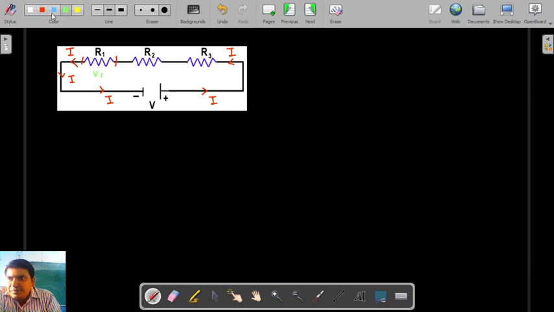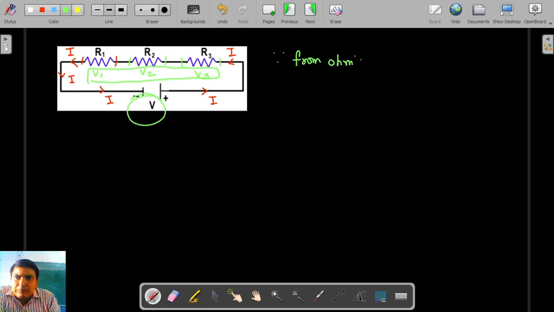Suppose the potential drop across this resistance is V1, across this resistance is V2, and across this resistance is V3, and the total of V1, V2 and V3 must be equivalent to the total V. We can write from Ohm's law that if the physical property of a wire is not changed, then the ratio of potential difference and current is a constant, which is called resistance.